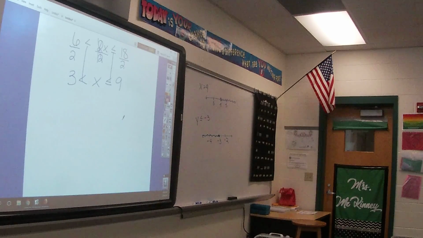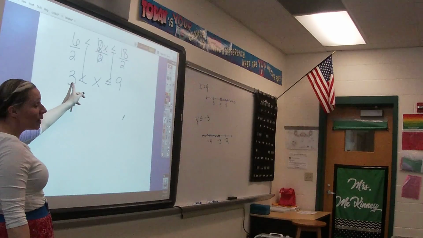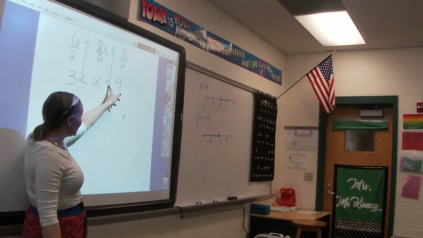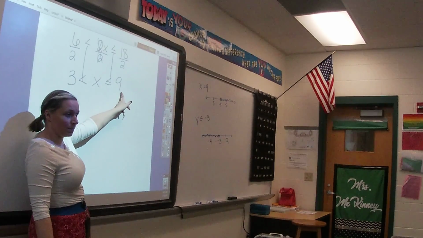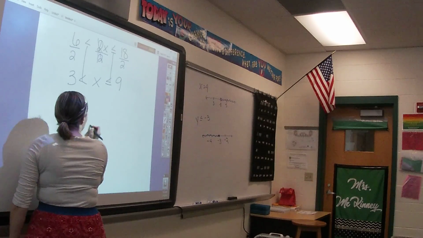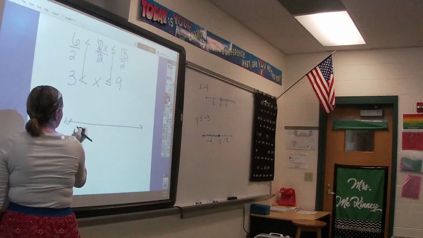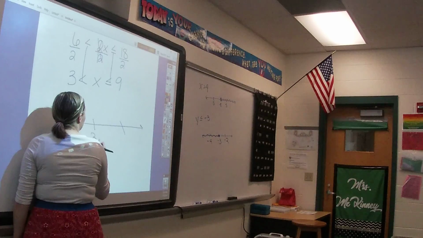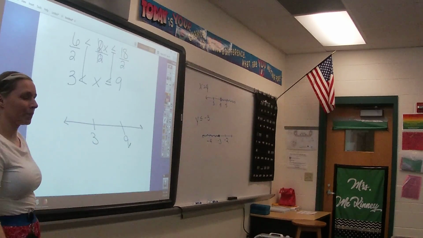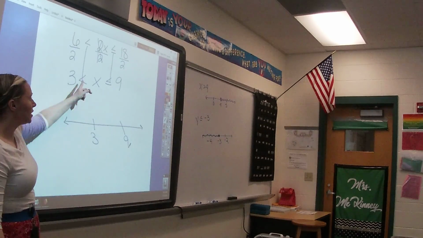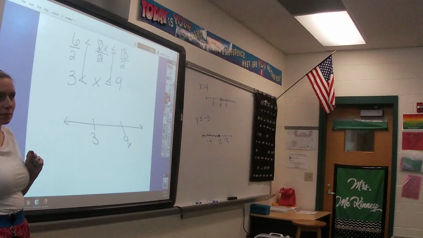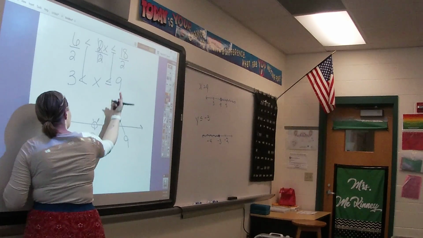So let's check. Is this true? Is 3 less than 9? Yes. So when we go to graph this, open or filled in at 3, open or filled in at 9.